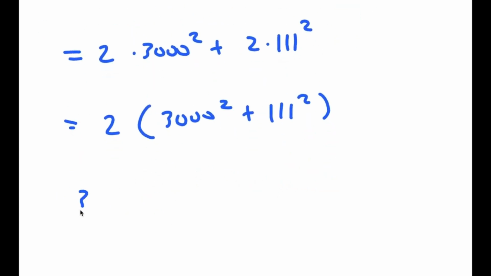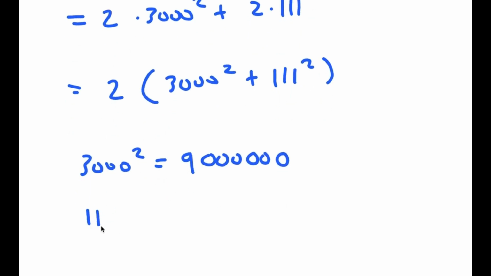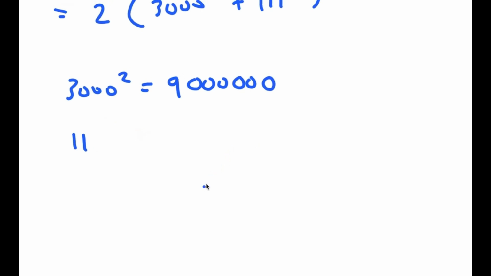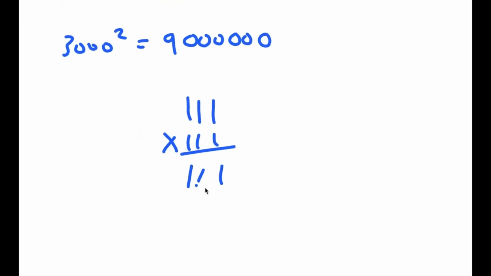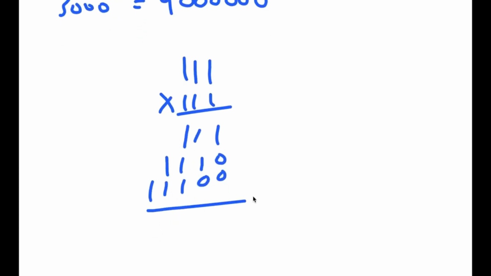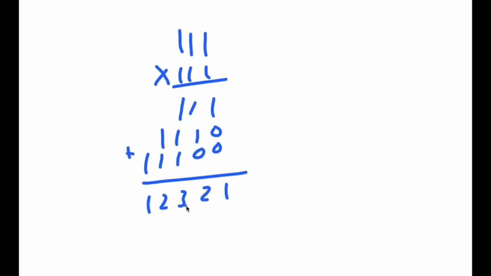Now 3000 squared is equal to 9 million. And 111 squared, we can actually solve this right here. 111 times 111 is 12321.